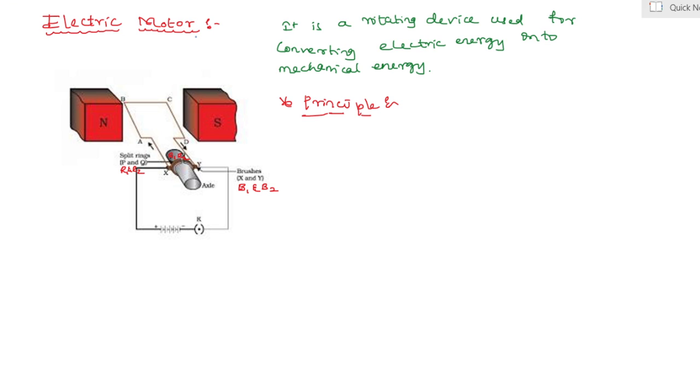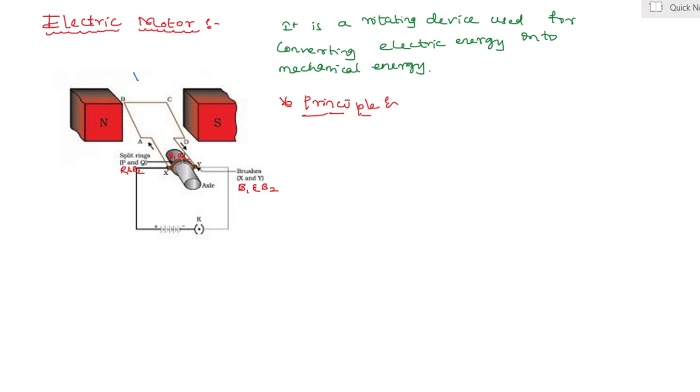It is based on the principle that when a rectangular coil ABCD is placed in a magnetic field, between a permanent magnet, and current is passed through it, two equal and opposite forces act on the coil which rotates it continuously.